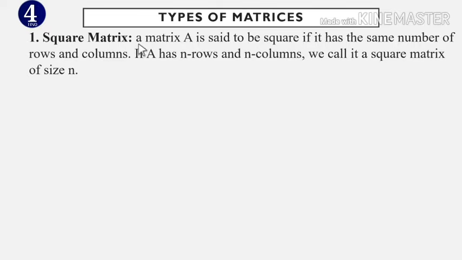So let us read it. A matrix A is said to be square if it has the same number of rows and columns, which means m and n are equal, n rows and n columns.